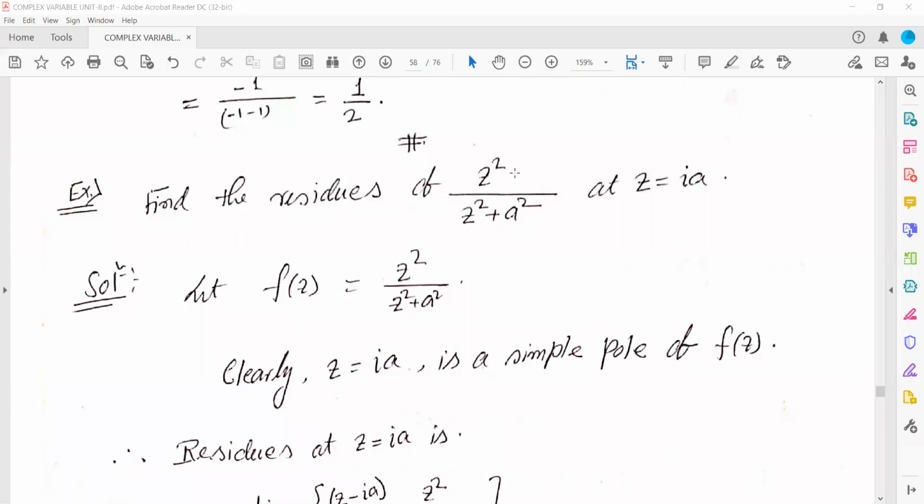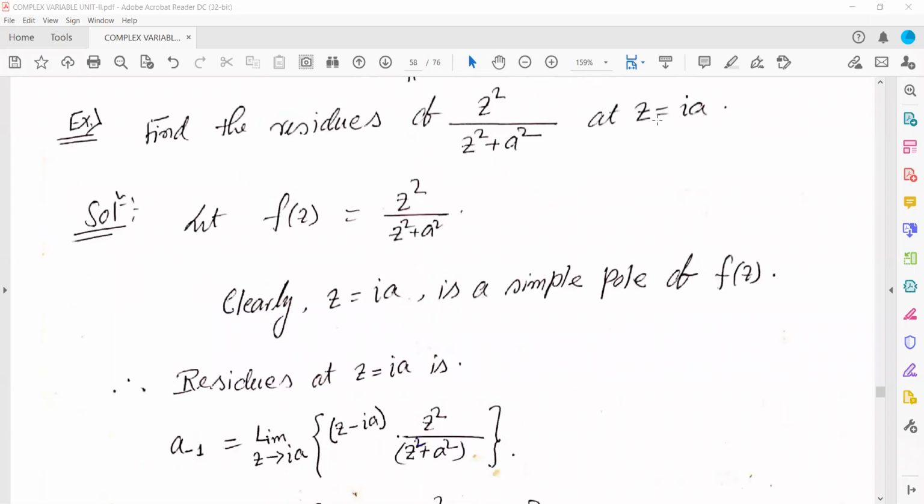Find the residue of z square by z square plus a square at z equal to ia. Okay, so very simple, that is obviously z equal to ia. If you want to find the pole, you simply put the denominator equal to 0.